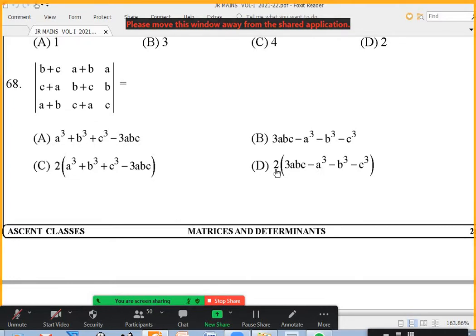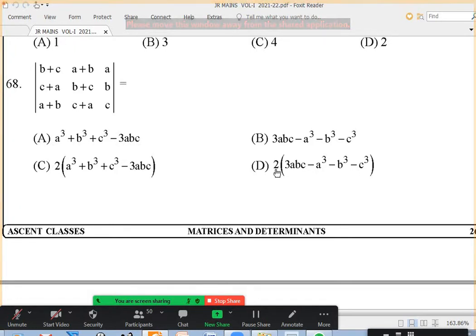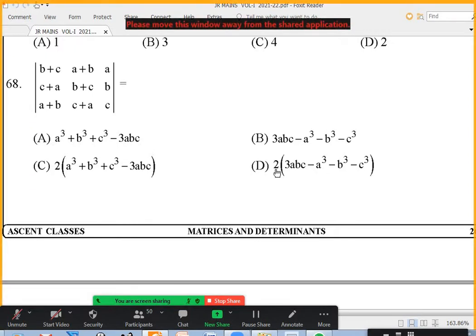Or the fresh second column you can remove from first column and then just expand directly. What you are saying is you want to get a plus b plus c common. Yes, sir. So somebody can add third column to first column and remove third column from second column, so that the second column becomes simple and the first column becomes a plus b plus c.